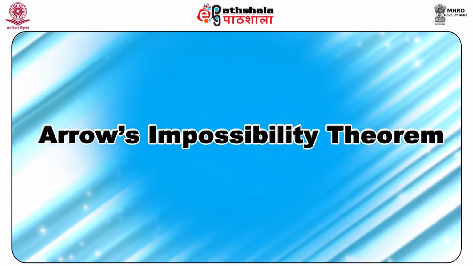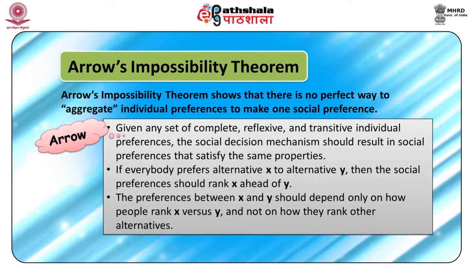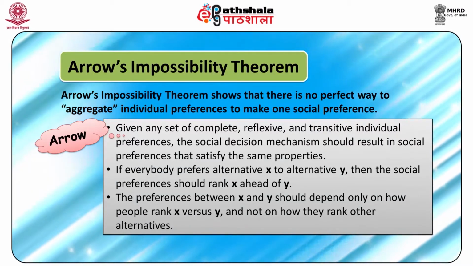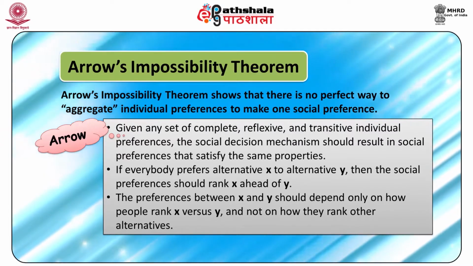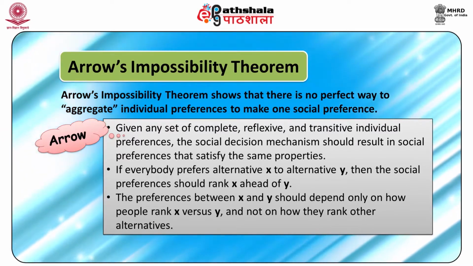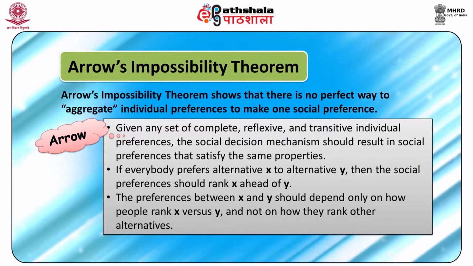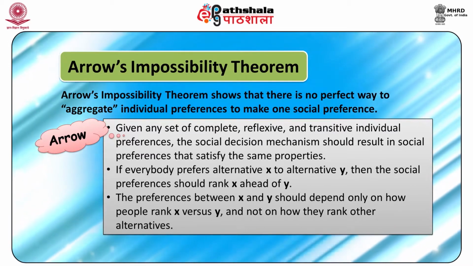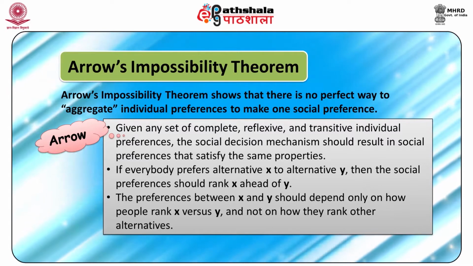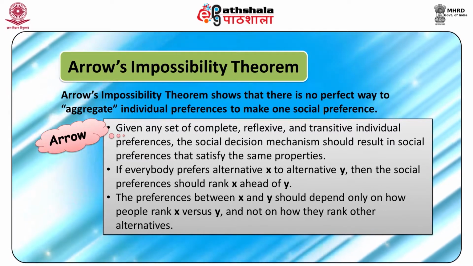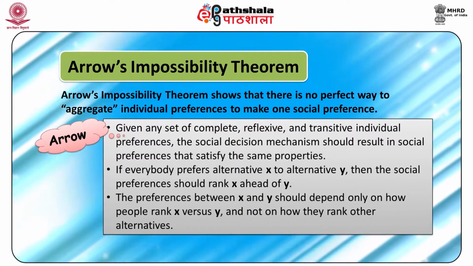Arrow's Impossibility Theorem. Arrow's Impossibility Theorem shows that there is no perfect way to aggregate individual preferences to make one social preference. It is pointed out by Arrow that a social decision mechanism, a way of aggregating preferences, should have the following features.